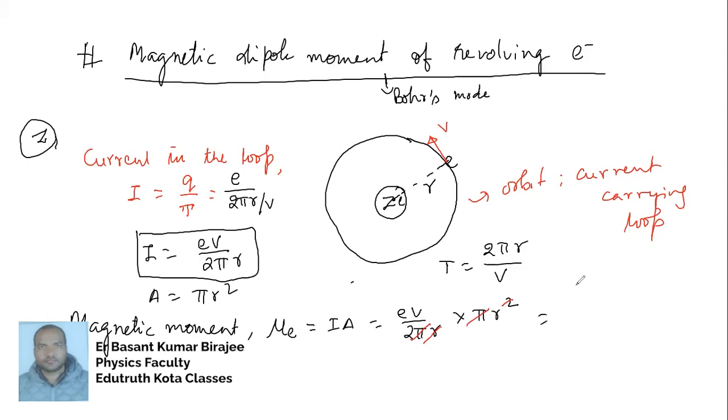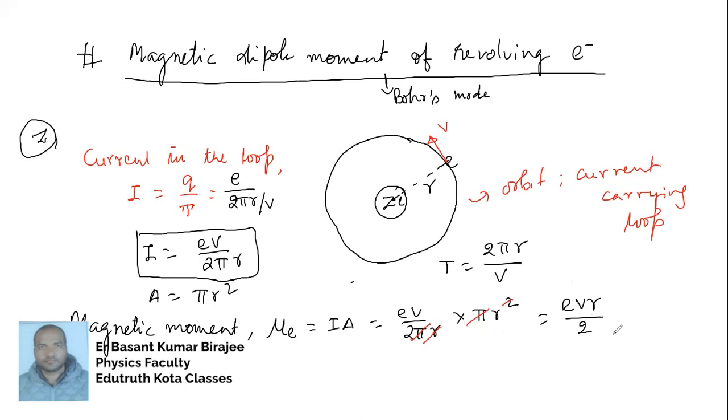You have e v r by 2 left. Pi is also cancelled, no?